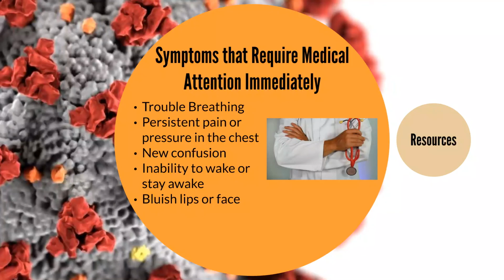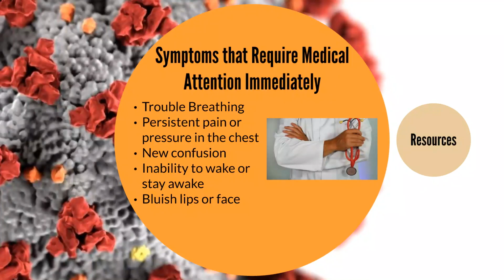These last three bullets are more linked to the fact that because this is a respiratory illness, your oxygen levels might be lower than normal. So when you don't have enough oxygen to be circulated through your body, it's very, very likely that you can become confused. You're unable to kind of stay awake.